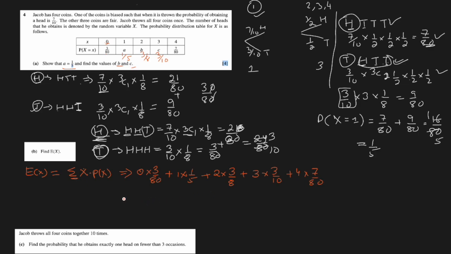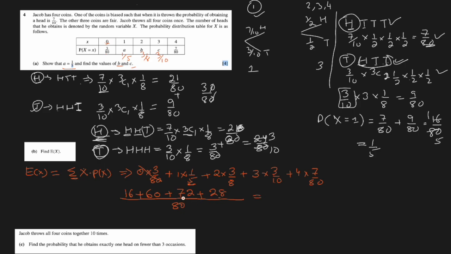Let's write LCM 80. This is 0, so no need to look at this. 5 times 16 is 80, so 16 will be multiplied with the numerator. 16 times 1 times 1 is 16. 8 times 10 is 80, that means 10 will be multiplied with 2 times 3 is 6. 10 times 6, 60. 10 times 8 is 80, that means 3 times 3 times 8. 9 times 8, 72. 80 is there, so 4 times 7, 28, no need to multiply with anything.